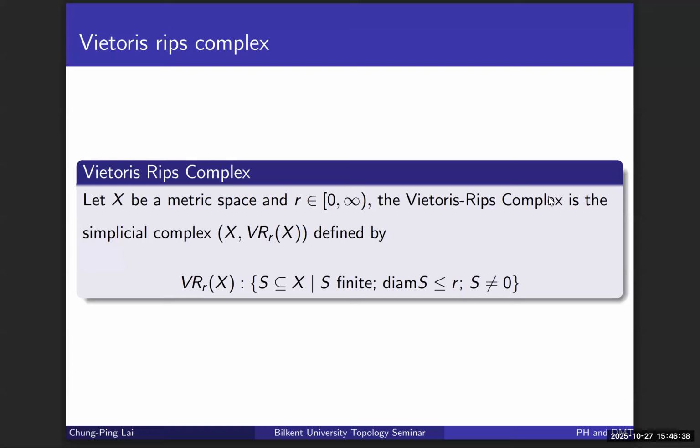Then the Vietoris-Rips complex is a simplicial complex where the set of vertices is X, and the set of simplices, which I denote VR_R(X) here, is the finite subsets S of X such that the diameter of S is less than or equal to R. Which means the furthest you can go within the subset is less than or equal to R. And we take the empty set out.